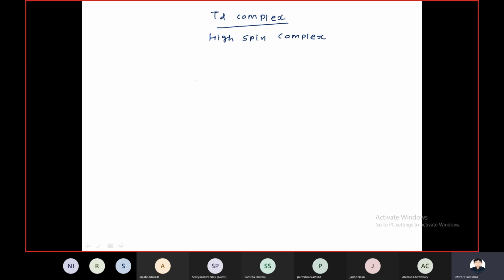In the case of octahedral, it's t2g. But here the e orbital fills first. So you have the e orbital followed by the t2 orbital. This is the e orbital and this is the t2. So if d1 is there, one electron gets accommodated in the e orbital.